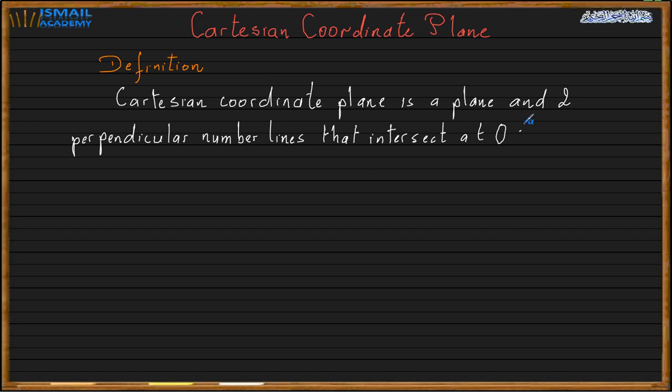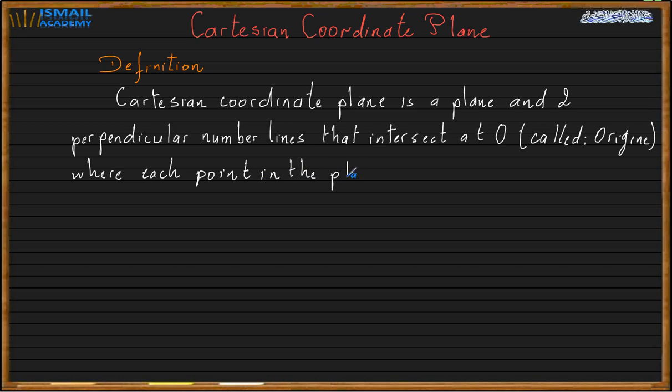That 0, by the way, is called the origin. And each point in the plane can be located by an ordered pair.